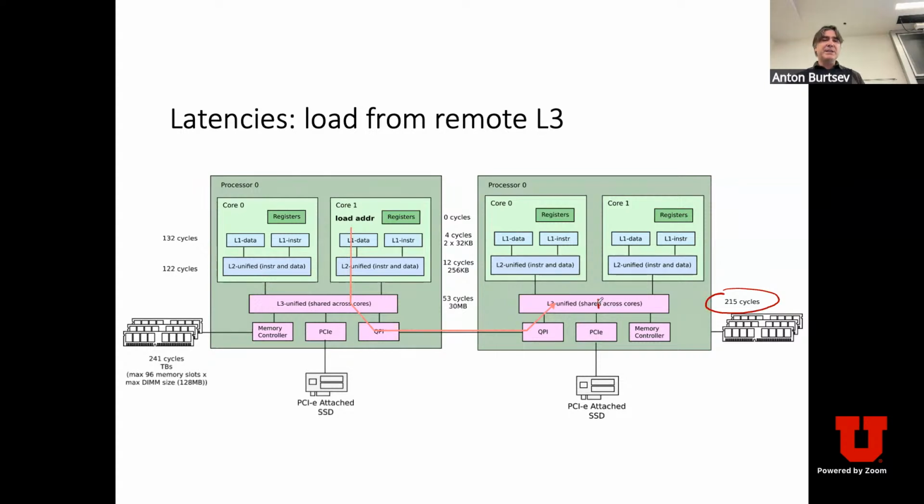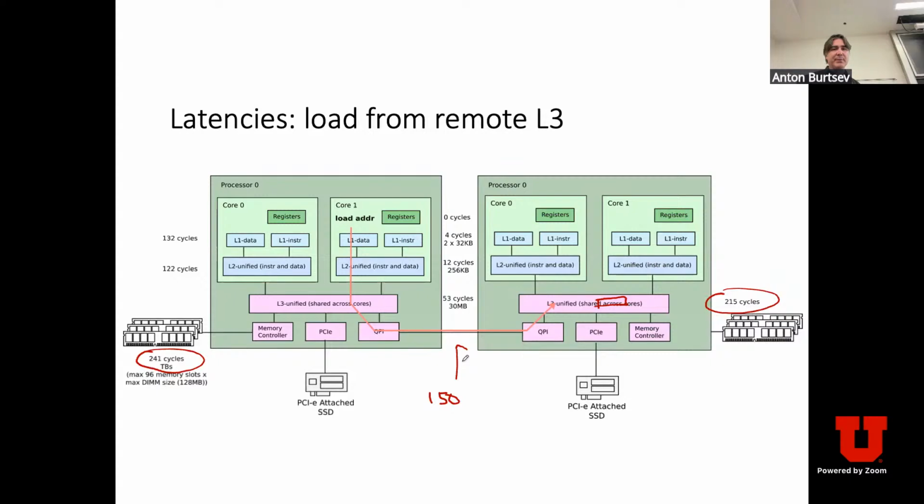So fetching something from the last level cache of another processor is almost the same as fetching something from your local memory. Correct. So roughly speaking, this will cost you like 150 cycles, just because you have to send this message.